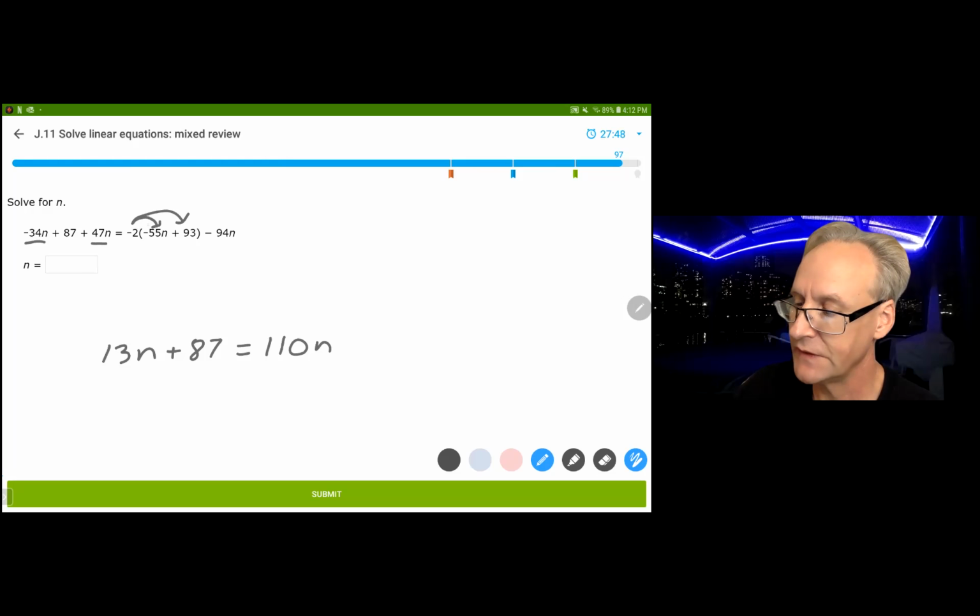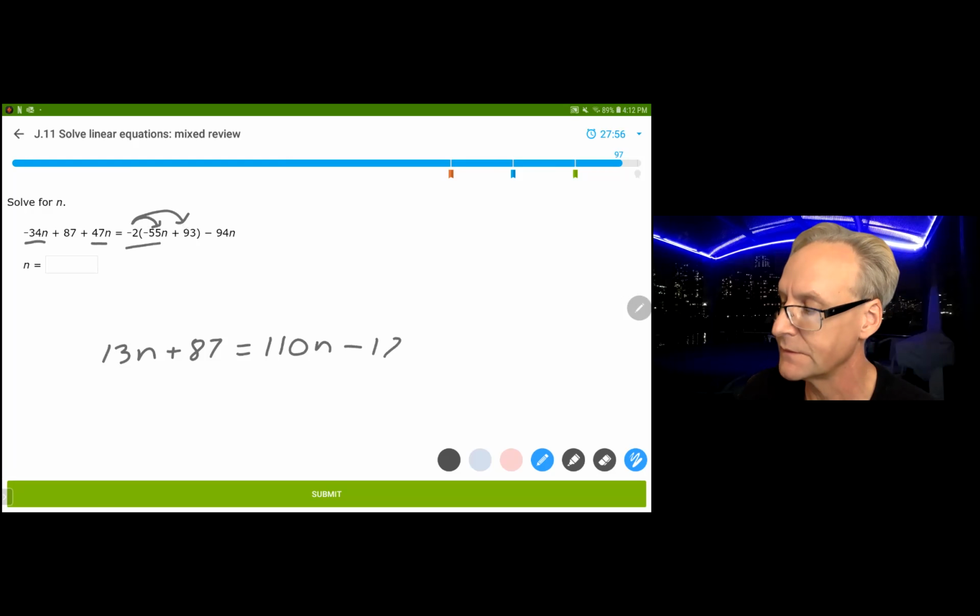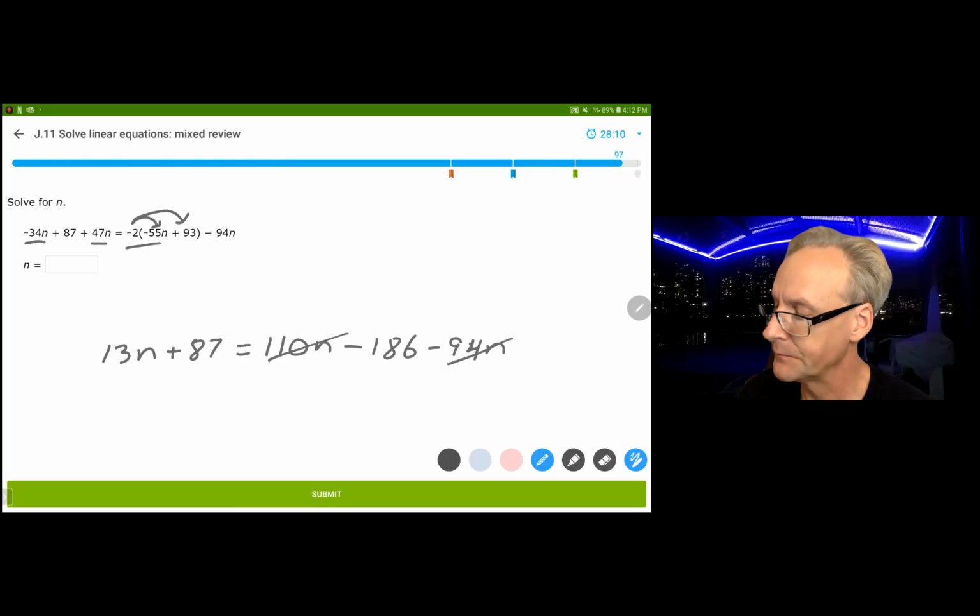I have a negative times a negative in this first set. And then I multiply -2 times 93, which is going to be 186. It's going to be minus 186. And then I'm going to subtract 94n. Be careful. I'm going to go ahead and subtract the 94n from the 110n. When you do that, you get 16n.